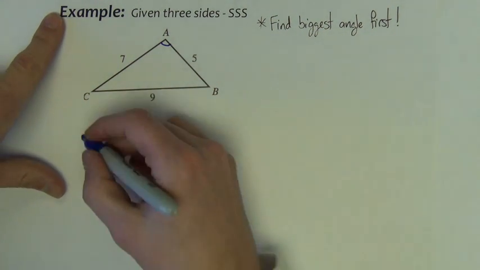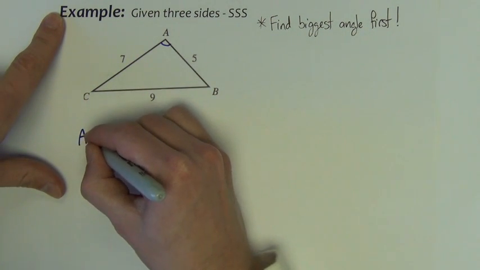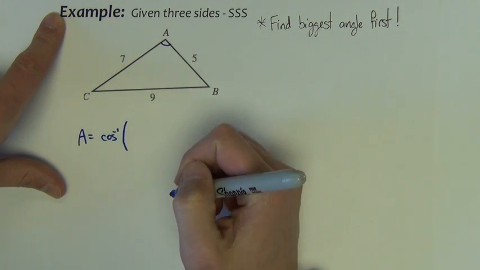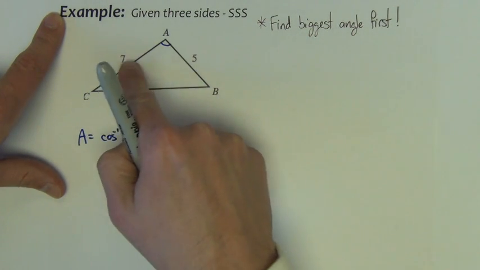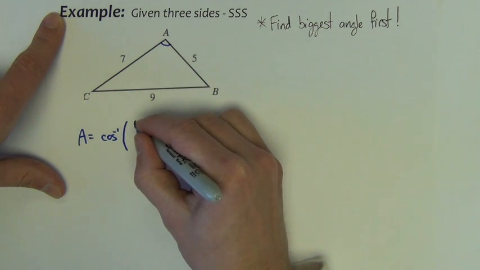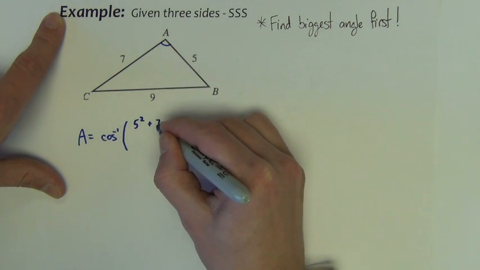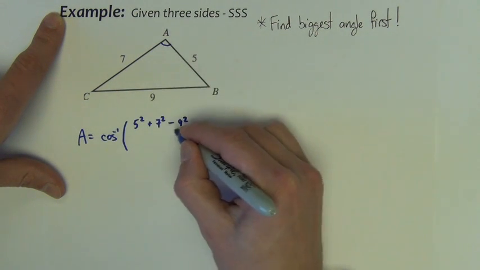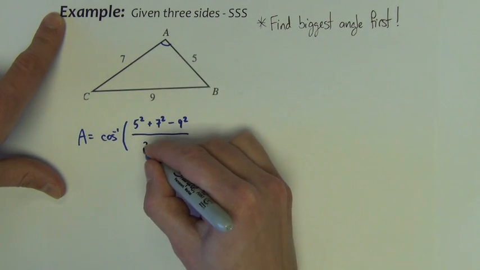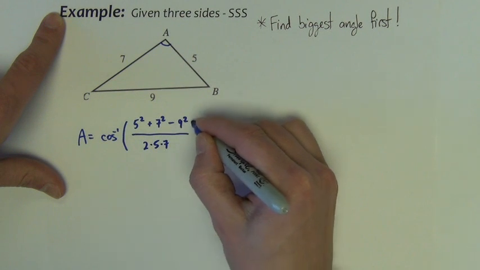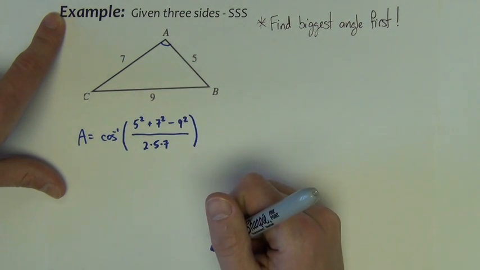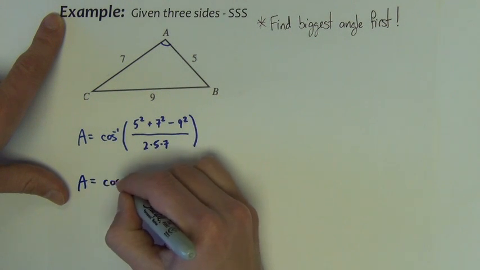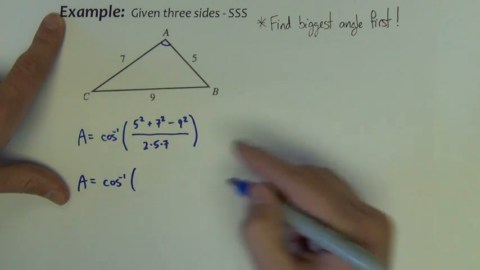Okay, and law of cosines says this. It says that angle A is equal to cosine inverse. I start with the other two sides first. Okay, order doesn't matter. I take away the side across from the angle I'm looking for, divided by 2 times 5 times 7. So this is angle A equals cosine inverse of whatever that is.